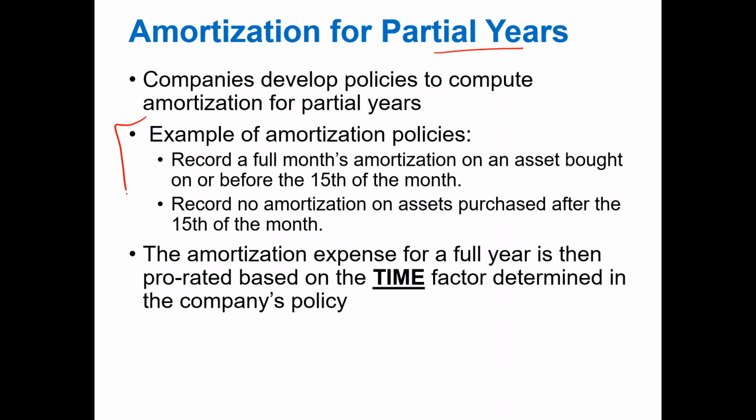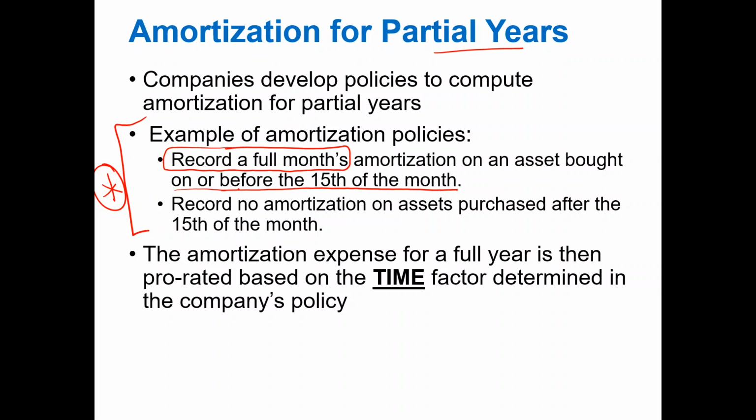And the example that we are going to use in our course is to look at the day of the month. So we're always going to do it based on the number of months, but we'll either record a full month or not at all. We're not going to go based on the days. So if you purchase the asset on or before the 15th of the month, so from the 1st to the 15th, we're going to count that as a full month.